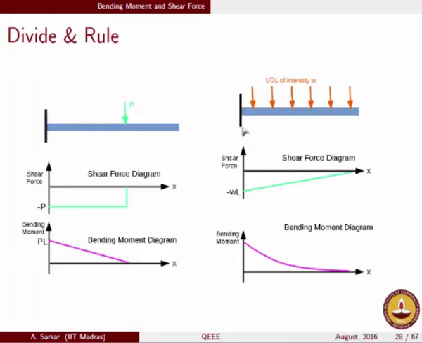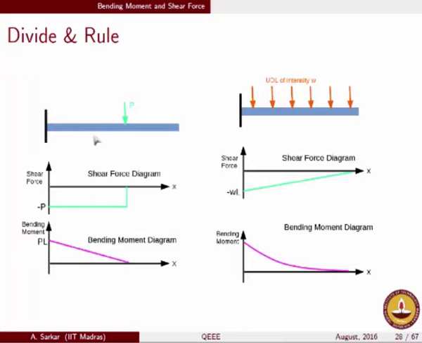Using similar logic, when you calculate shear force at each and every cross section of this beam, which is subjected to a uniformly distributed load of intensity W, you see that the shear force now has a linear dependence on x, which is why this plot of the shear force looks like a straight line, and this is what possibly you are referring to as a triangle. The reason why this is triangular and that is rectangular is borne out from the formal derivations.